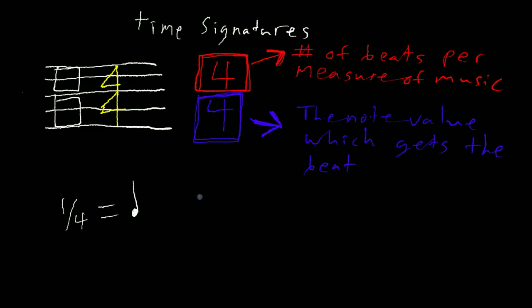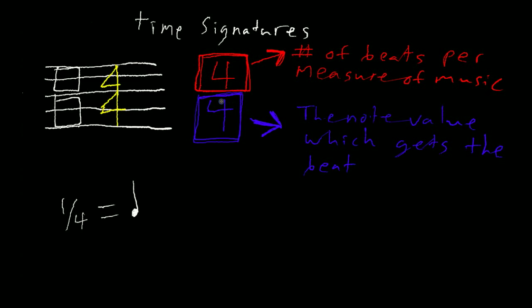Another time signature that you might see, and I'll just list this out right now, I won't write it down because we'll do some examples, and once we start doing examples, this will make more sense. Another possibility for the number down here is a 2.